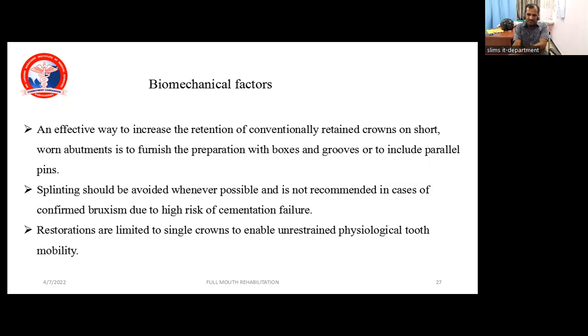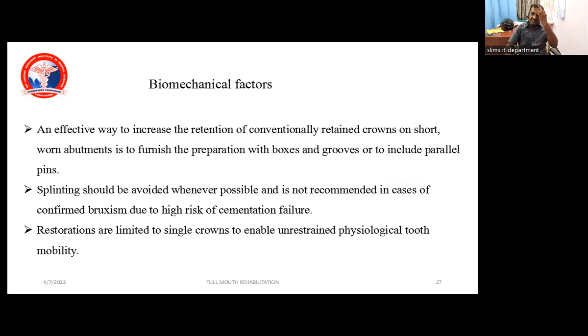After replacing the worn out tooth structures, before thinking about maintaining the habit by the use of any occlusal splints, that should be avoided. And if any restoration is limited to a single tooth, that will end up with a physiological tooth mobility.